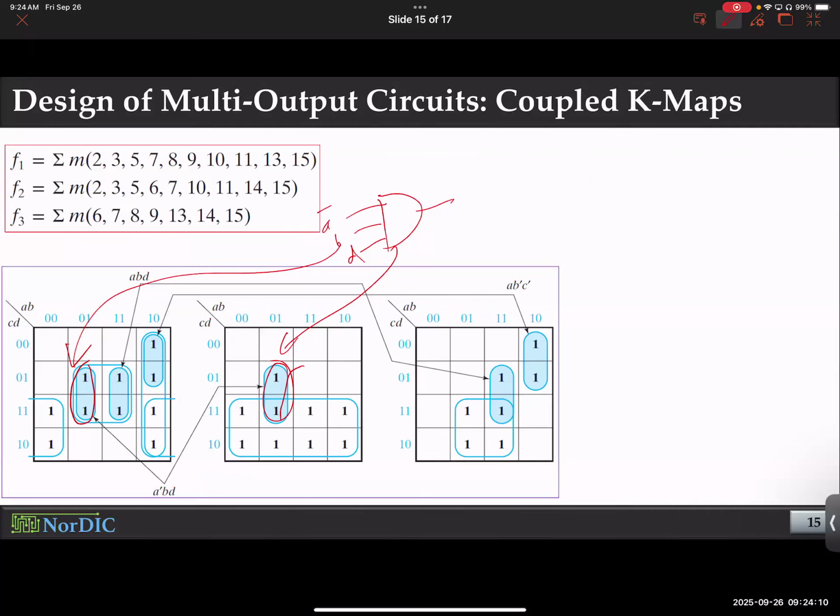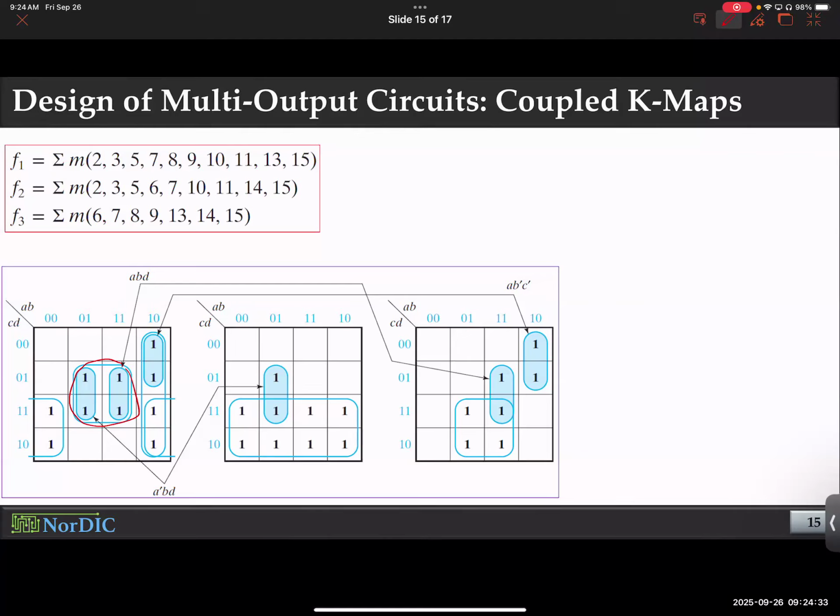So that means when there are multiple functional outputs involved, if you just go for the highest possible grouping or minimum functional expression, it will not always give you the best solution because you'll miss out on sharing. As we teach the kids, sharing is good, right?